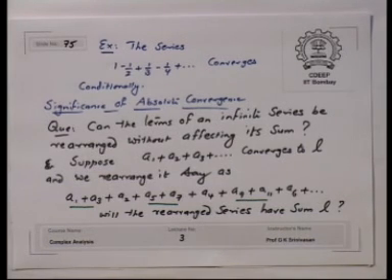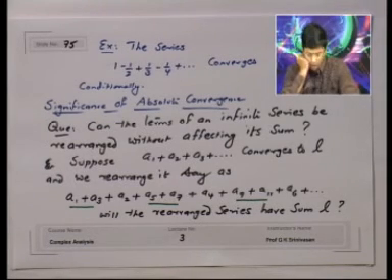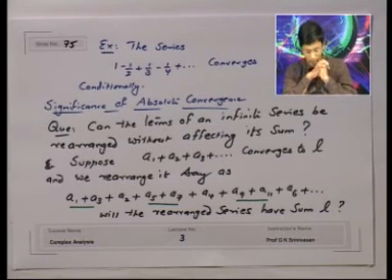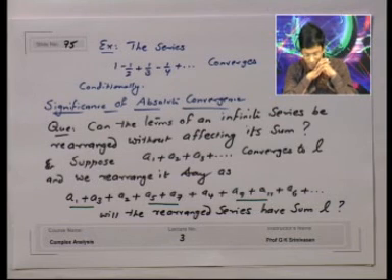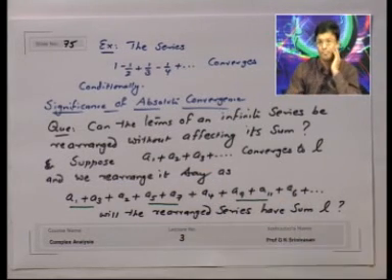Now, let us ask the following question: what is the significance of absolute convergence? Suppose I take an infinite series. Can the terms of an infinite series be rearranged without affecting its sum? Suppose I take an infinite series like a1 plus a2 plus a3 plus a4 etc. Let us say that this series converges to L, right.